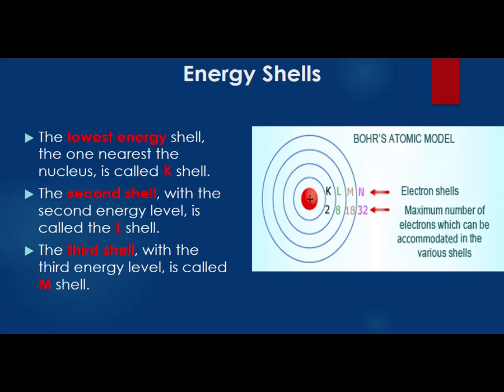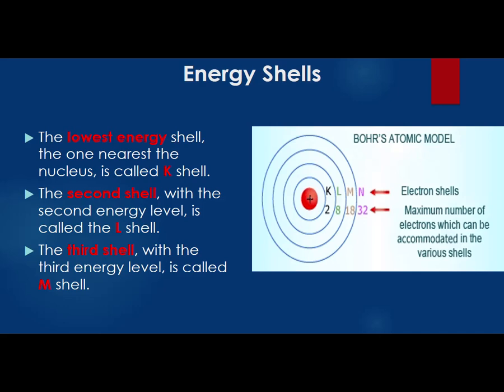As you can see in the pictures, this is Bohr's atomic model. Bohr was the scientist who gave the idea of this model, that electrons move around the nucleus in different paths, or in different orbits or shells, and they have different numbers of electrons.